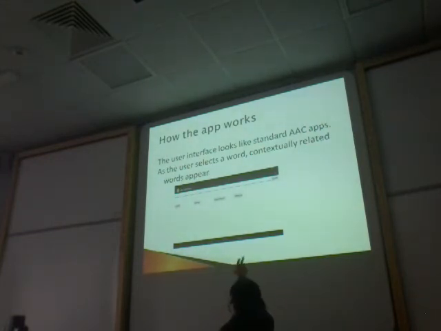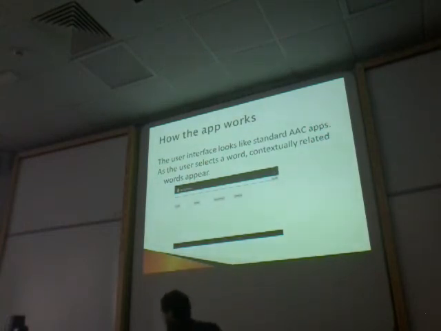It's got a wee edit text at the top, and it's got a button to speak, so it speaks out. I mentioned before that the majority of apps are on iOS, so I made my own in Android. I knew that somebody was going to say it at the end, so I'll say it myself.